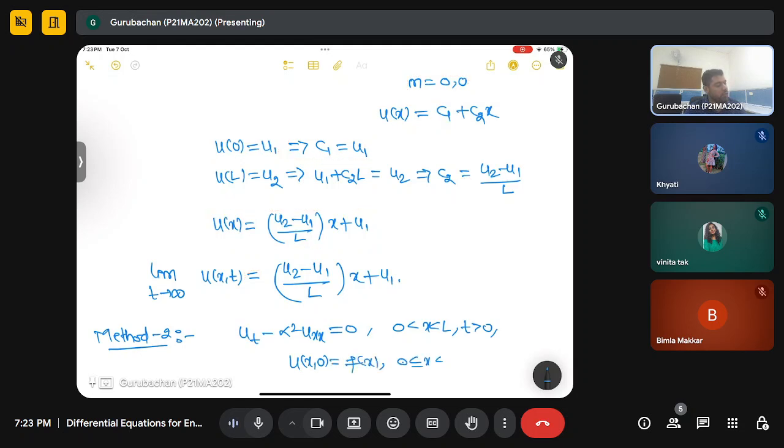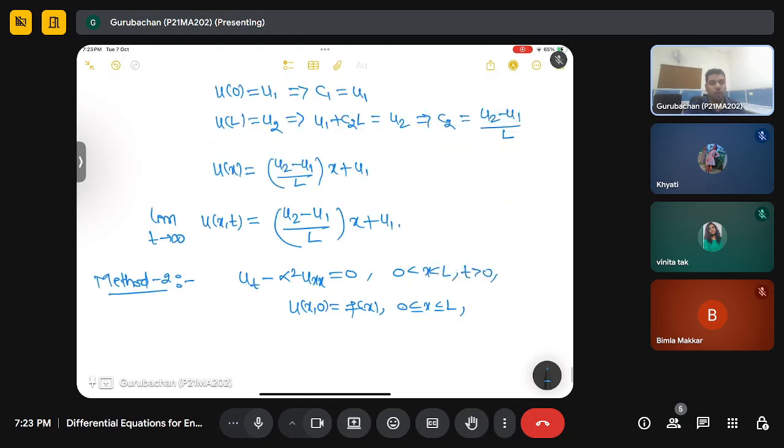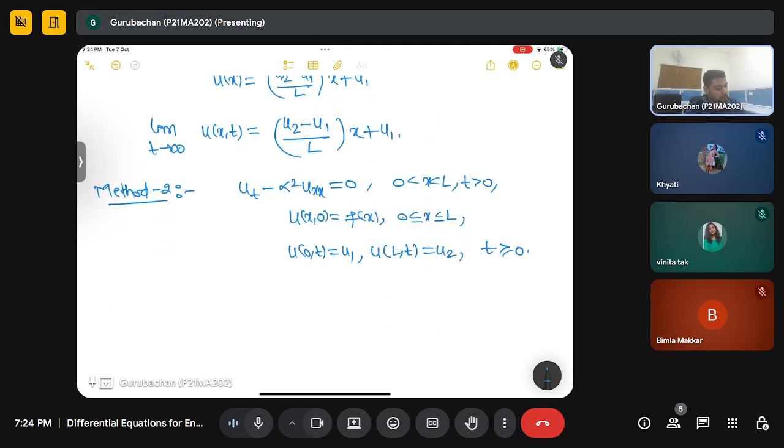You will also get to know why I am ignoring the t terms: after a long time it depends only on x. You get u(0,t) given as u1 and u(L,t) given as u2 for all t greater than or equal to 0. By the method of separation of variables, you assume u(x,t) to be a non-trivial solution, X(x) T(t), which is non-zero.